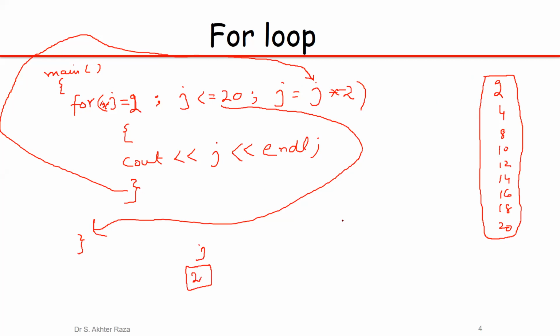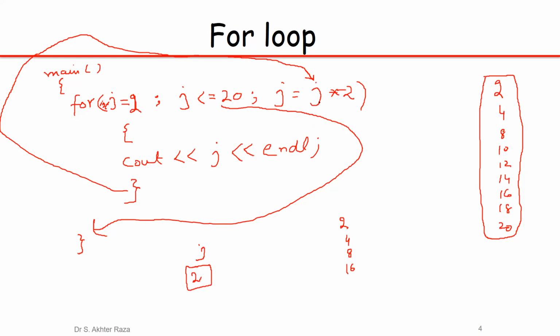Yes, so 2 will be printed on the screen. After the 2 is printed, 2 twos are 4, then 4 will be printed. Then 4 twos are 8 will be printed. And then 8 twos are 16 will be printed.